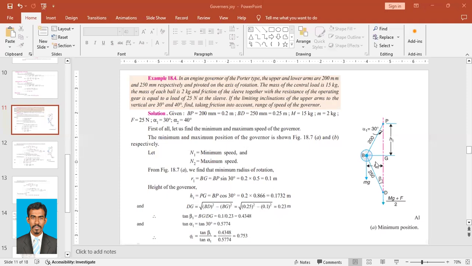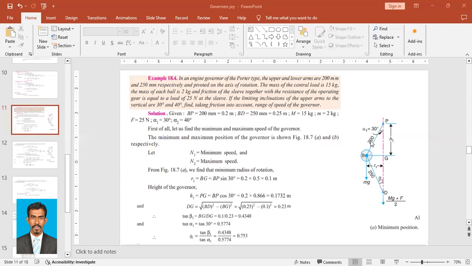Now we found the distance BG, that is R1. If we know R1, we can calculate H1 by the Pythagorean relation, since we know two lengths and can find the third. H1 is equal to BP cos alpha 1.